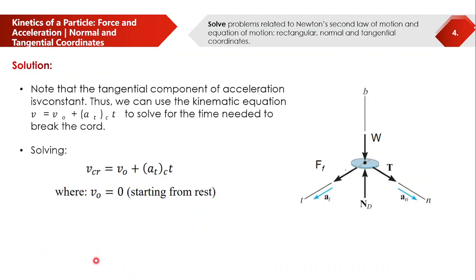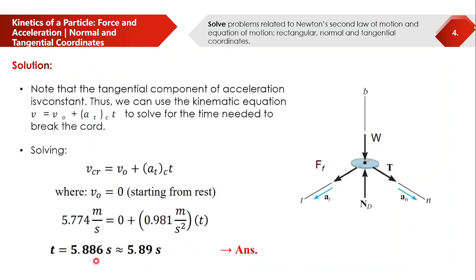So, to summarize this solution, first, dapat na-identify natin kung ano yung motion ng system natin. So we did discover na pa-rotation or basically nag-curve yung path natin. So we are going to use the normal and tangential coordinate system.